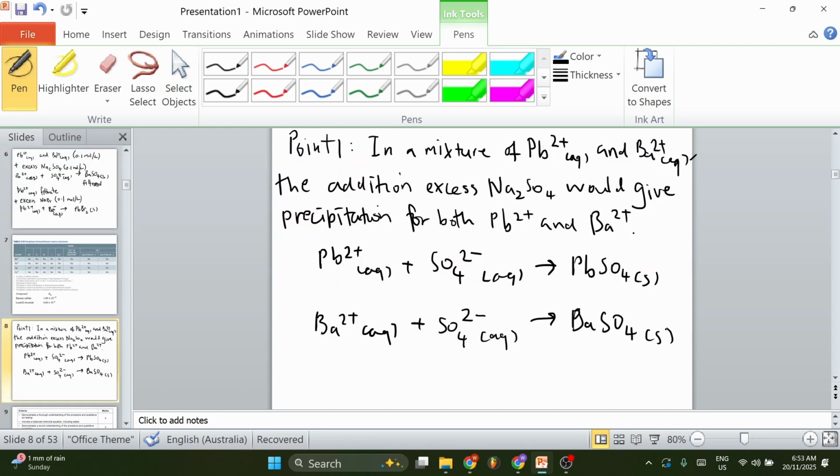You will not be able to distinguish between the two, since lead sulfate and barium sulfate are white solids. This would make the identification invalid. The only way this could make sense is if the solution only has one species, which is barium. So then adding the sulfate would just precipitate out that one single item.